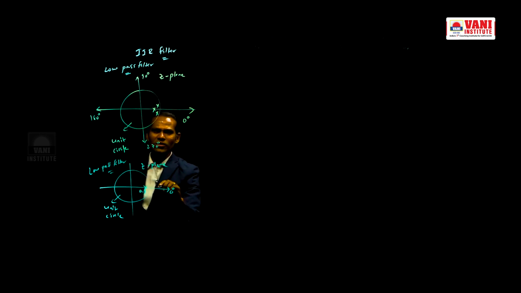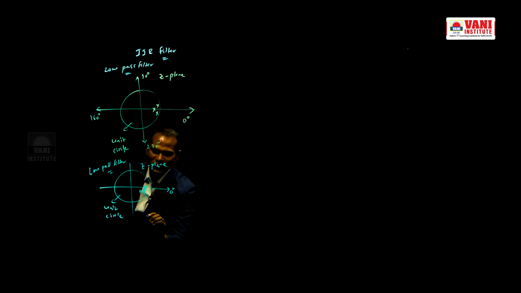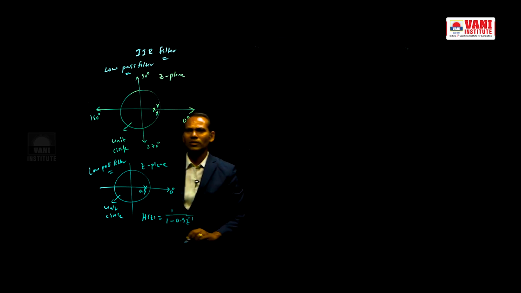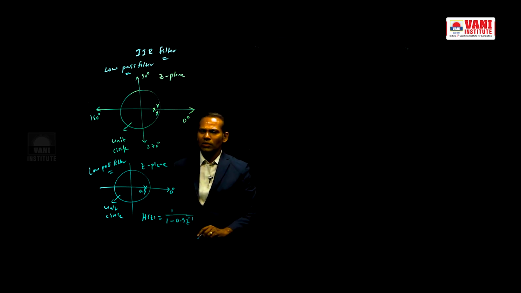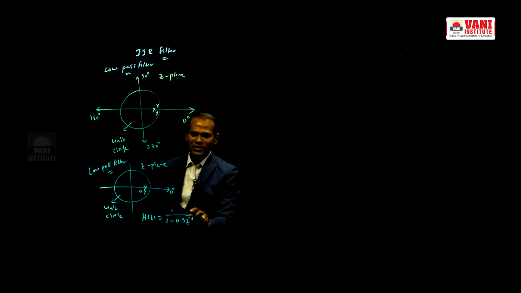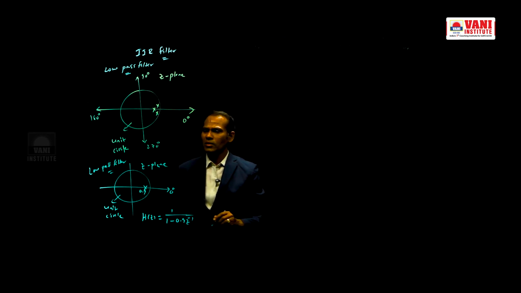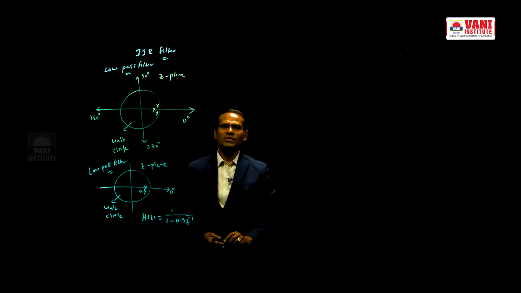If poles are around the 0 degrees line, then it is a low pass filter. So the corresponding H of z is like this. Pole is 0.9 means 1 by 1 minus 0.9 z inverse. 1 minus 0.9 z inverse means the pole will be 0.9. That is about the low pass filter.